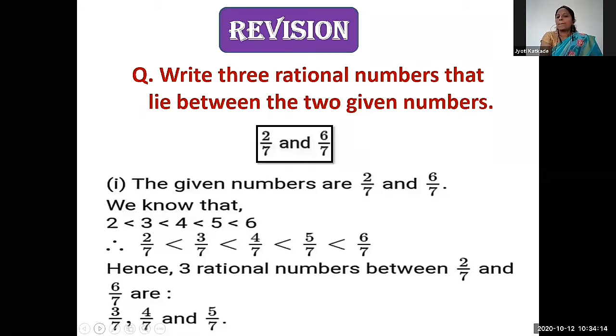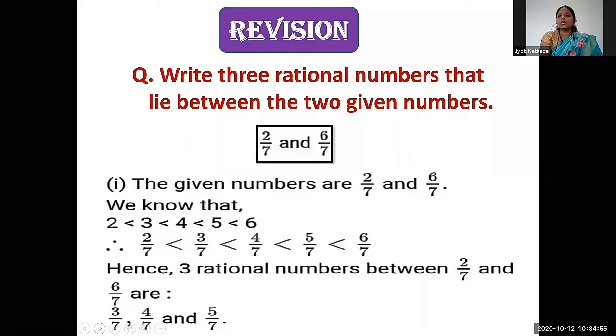We have to find the numbers in between 2 and 6, which are 3, 4 and 5. Therefore, taking denominator 7, the numbers in between 2 upon 7 and 6 upon 7 are 3 upon 7, 4 upon 7 and 5 upon 7.